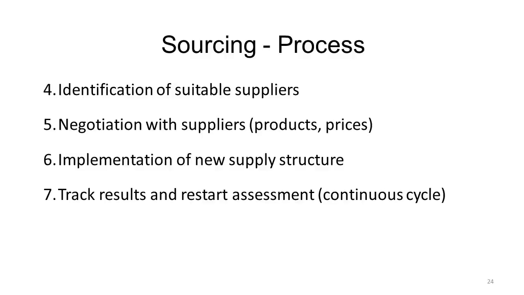the sourcing, which is again assessment of the company's current spend, assessment of the supply market, development of a strategy, and then identification of suitable suppliers. So when we are restarting the assessment, we are going to look for 2 new vendors. Identify 2 new vendors, negotiate with them, and if things go well, then you take them on board.